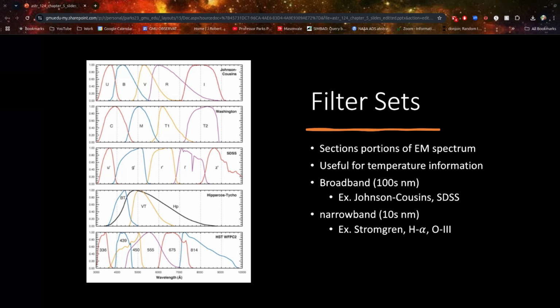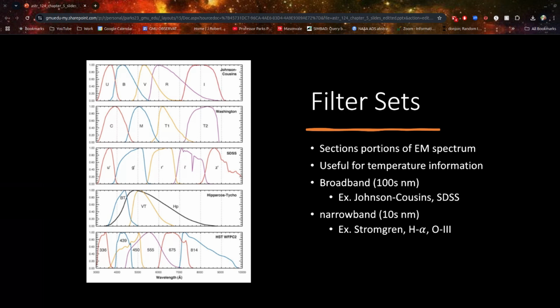And this is very important to know when we are taking archival data or when we are taking data from other sources, from HST, Hubble, from the Hipparcos Tycho mission, so forth and so on, because they use a different filter system. So, for example, the Tycho system, if you look in Simbad and it's a Tycho object, it's going to list B and V magnitudes.